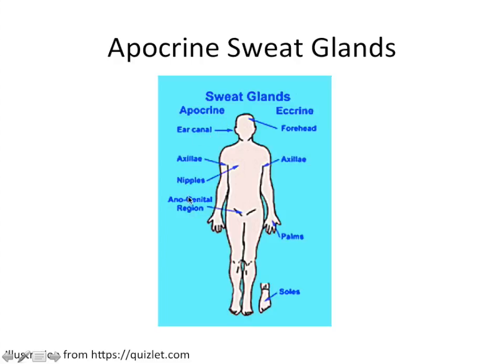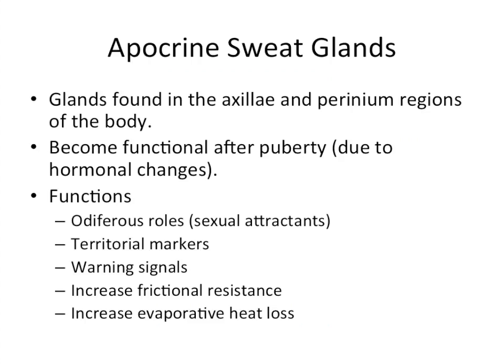This is what I really want to get across here: where the Apocrine sweat gland apparati are located. Apocrine sweat glands are primarily found in the axillae and perineum regions of the body. They become functional after puberty, and this is mostly due to hormonal changes.